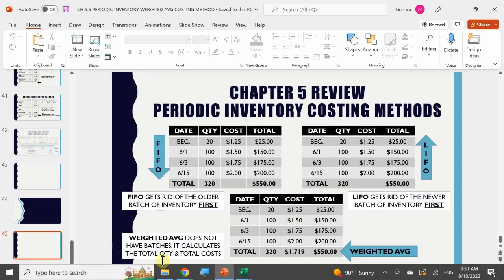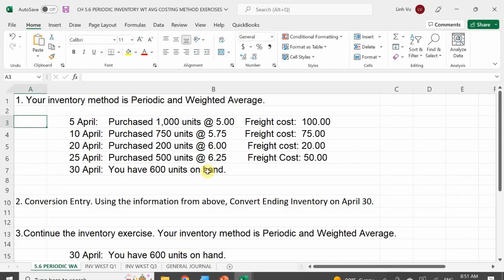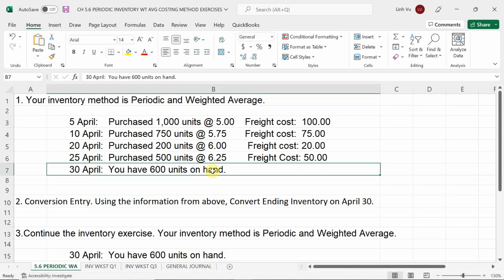Okay. So let's go ahead and dive right into the first exercise here. Okay, so same numbers, only difference is the costing method. I'm not going to have you practice journalizing because, again, it's going to be rinse and repeat, right? Purchase expense, freight expense, and however you paid for it.